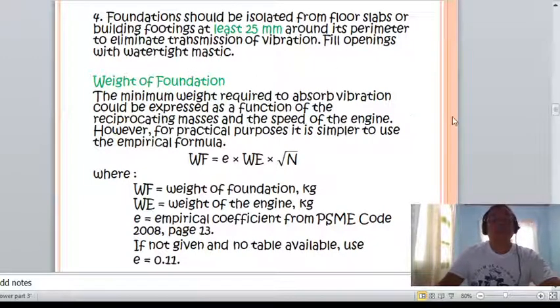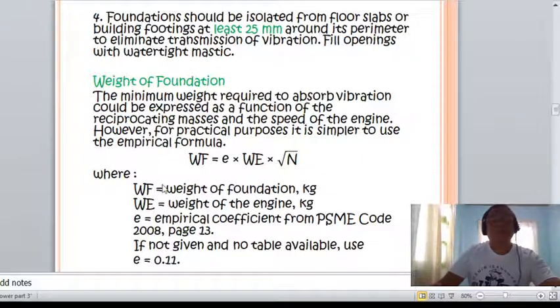For the weight of the foundation, we have an empirical formula wherein W sub F is equal to E, the empirical coefficient, times W sub E, the weight of the engine, multiplied by the square root of N, where N is the number of revolutions.